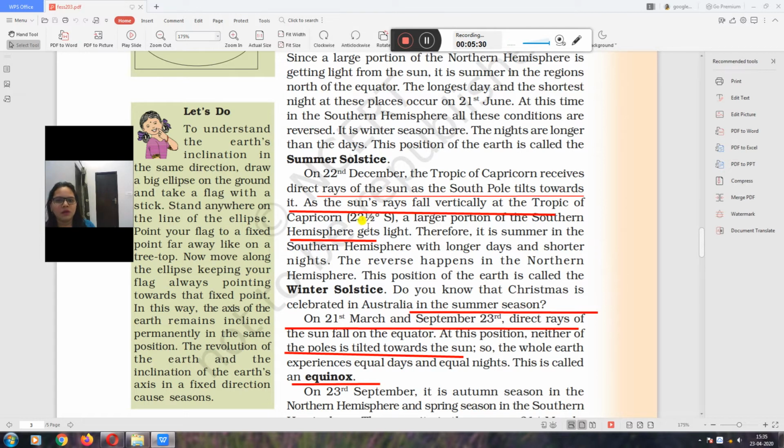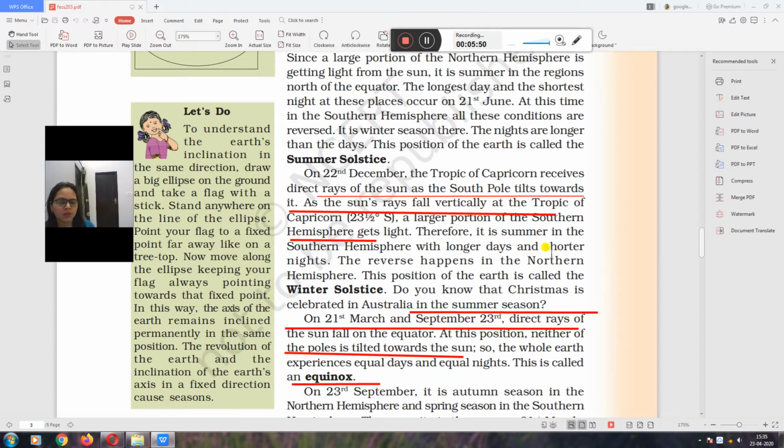As the sun's rays fall vertically at the Tropic of Capricorn, a larger portion of the southern hemisphere gets light. Therefore, it is summer in the southern hemisphere, with longer days and shorter nights.